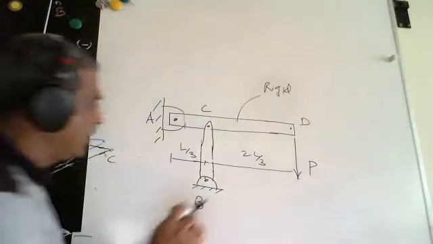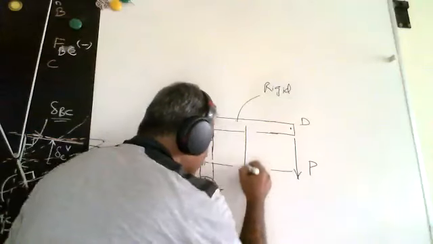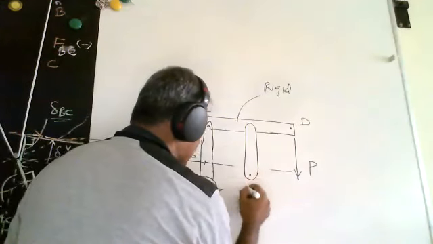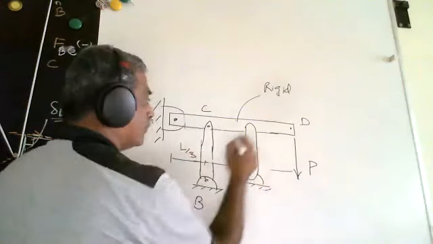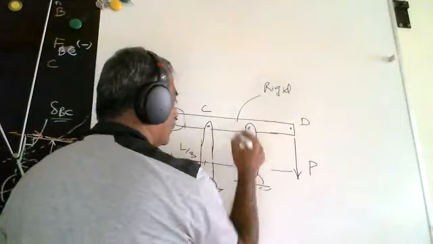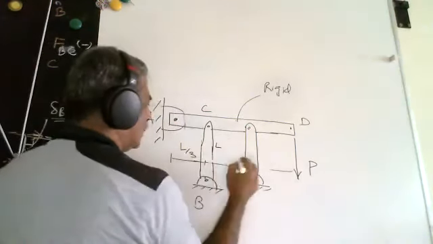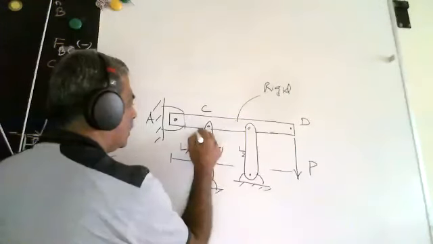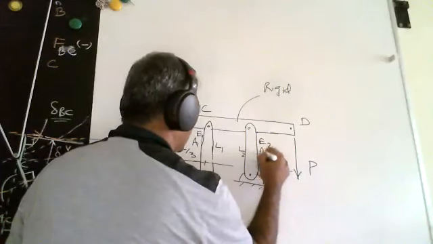What if I have one more rod like this attached in a similar way? Let's say I know the length of each of these: L1, L2, A1, E1, E2, A2.